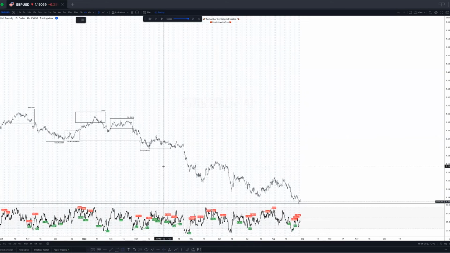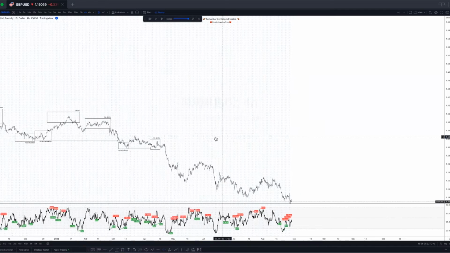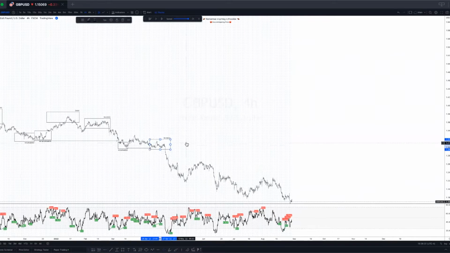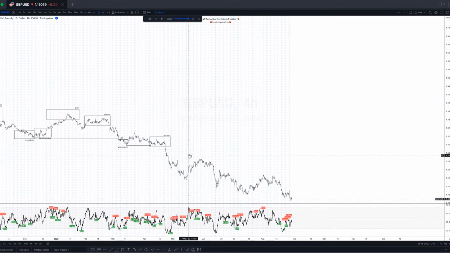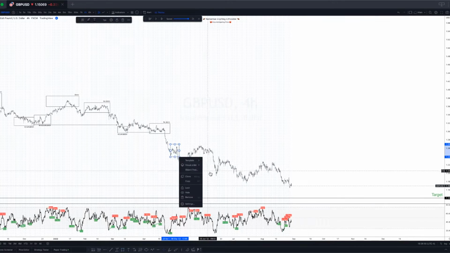Price tried to accumulate again here, but it failed and turned into a redistro. Oh, look at extra redistro, accumulation, reaccumulation, failed attempt.